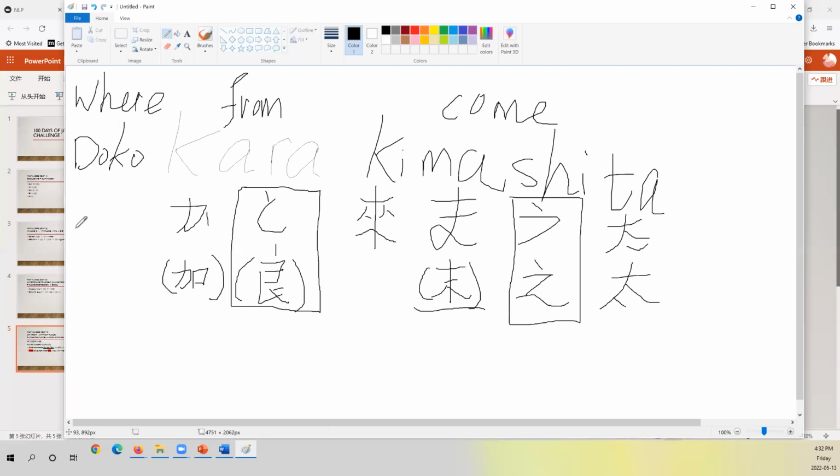And doko. So do, the kanji that represents the sound is this, and ko is this, that represents the sound. Do is this, and then 2 dots over here.